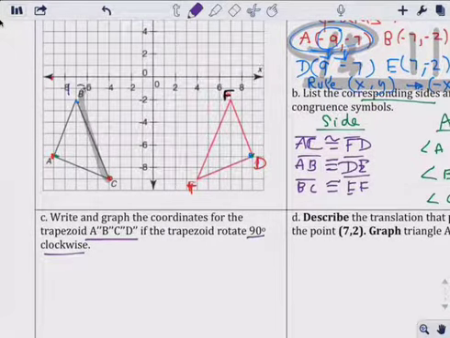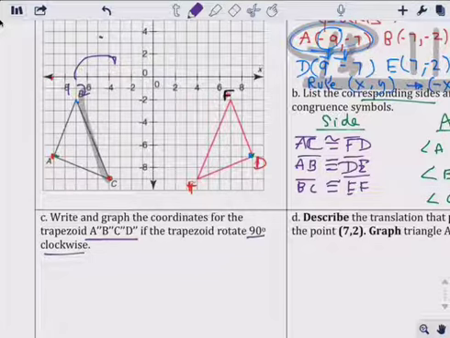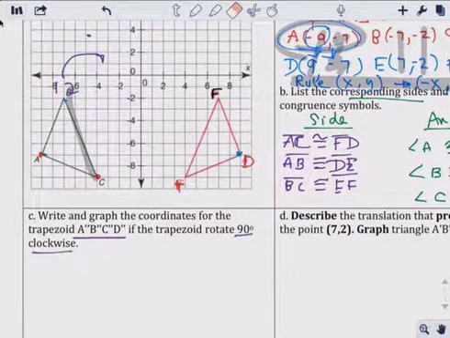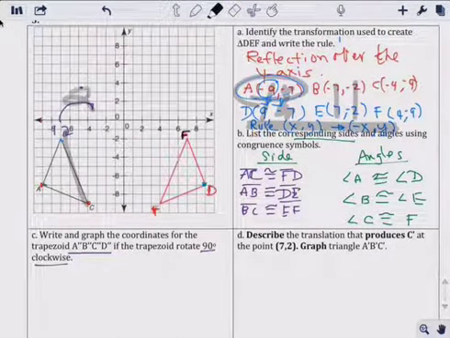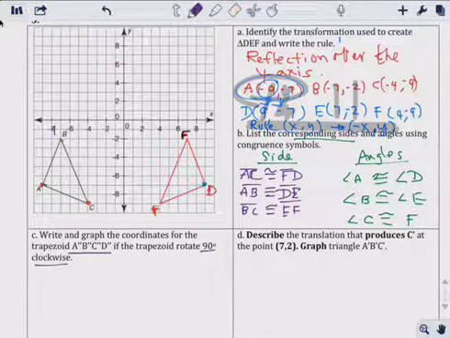Clockwise, here's 12 o'clock. Clockwise is going this way, so it's going to be over here. I need to do it to know clockwise and counterclockwise. So it's going to rotate 90 degrees that way.